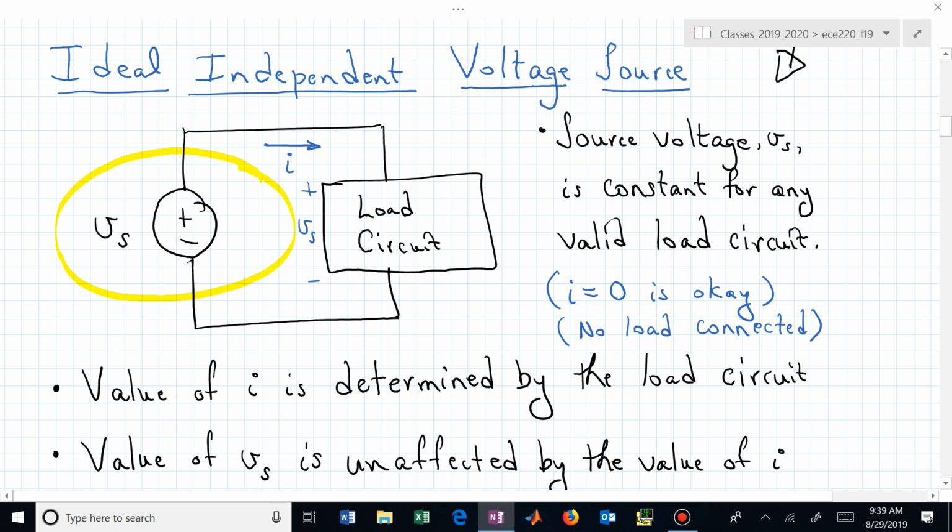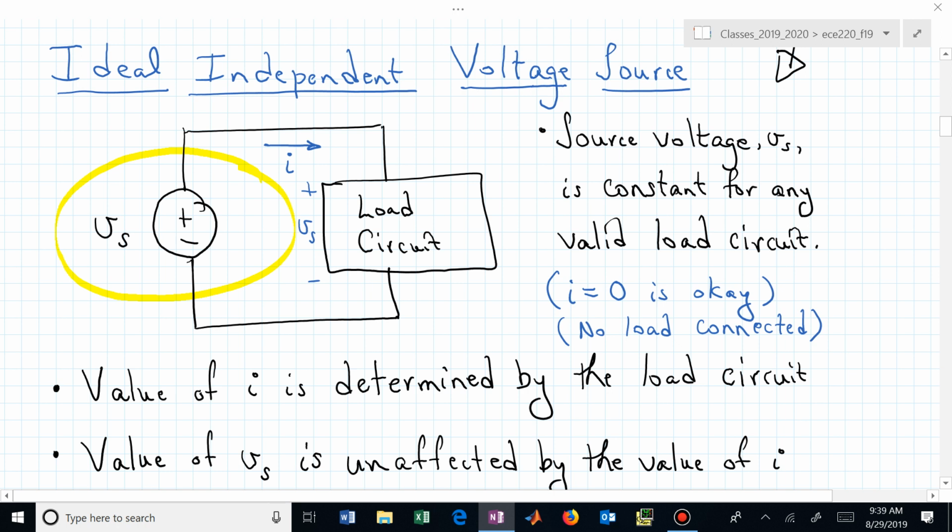Obviously, there are practical limitations. If you hook something to it that it's drawing so much power that it can't support that 10 volts that you're trying to make it have, then it won't work. But ideally, the source voltage, V sub S, is constant for any valid load circuit that you attach to that source.